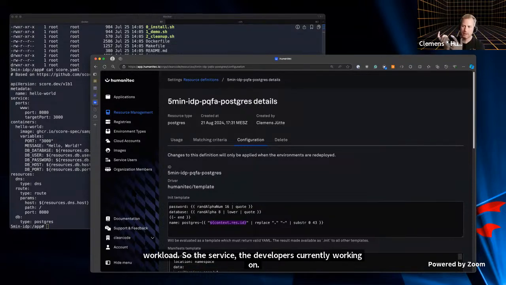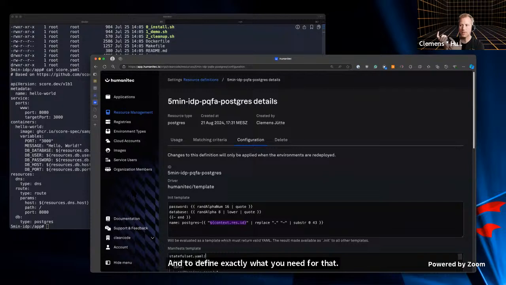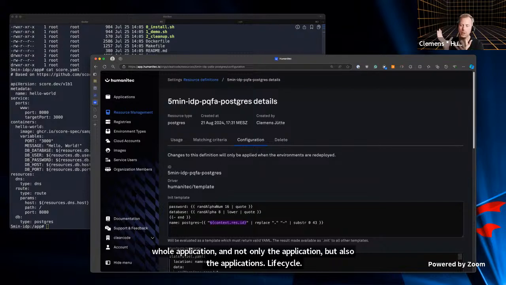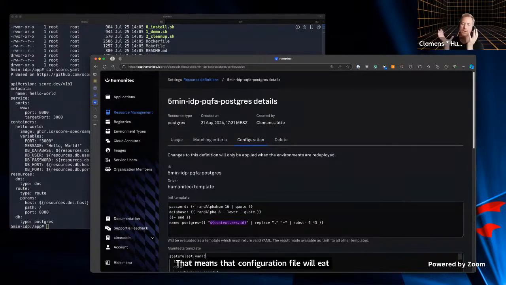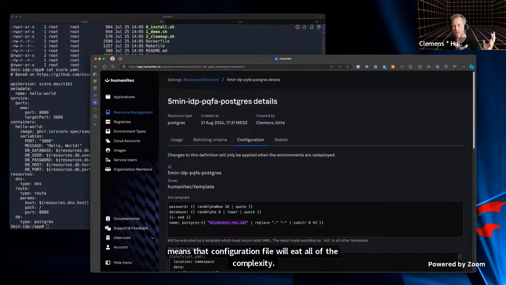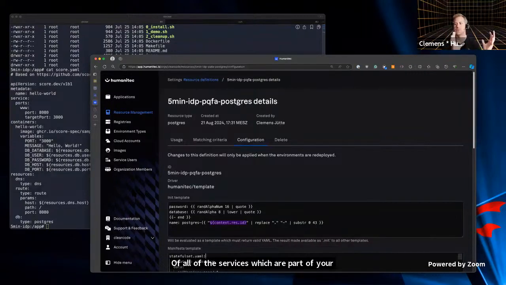While KubeVela and the OAM, the Open Application Model, is looking at the whole application and also the application's lifecycle. That means that configuration file will eat all of the complexity of all of the services which are part of your application, all of the infrastructure, and also the logic which lifecycles this, for example, through different stages, which means this file is getting really large and really complex. So you need a lot of knowledge to actually understand it.